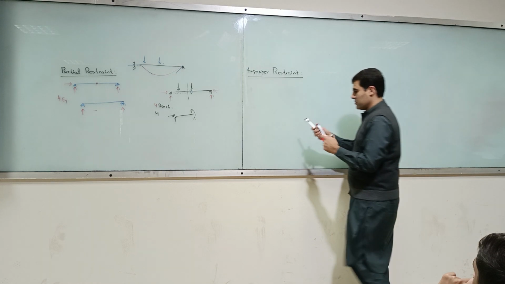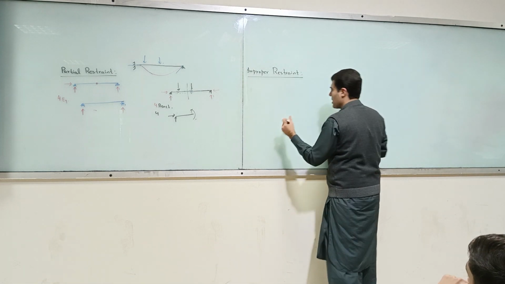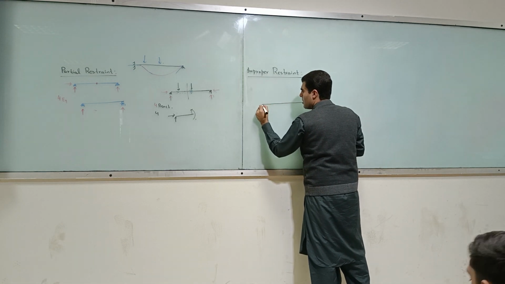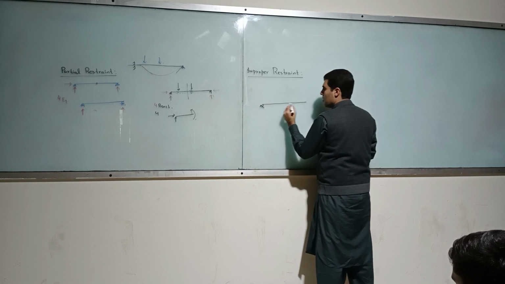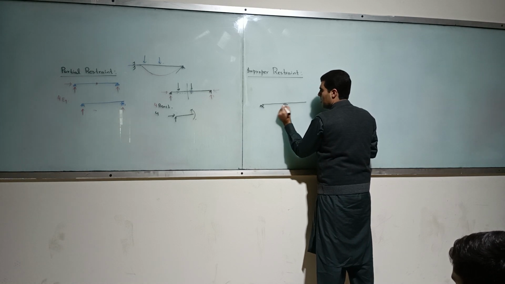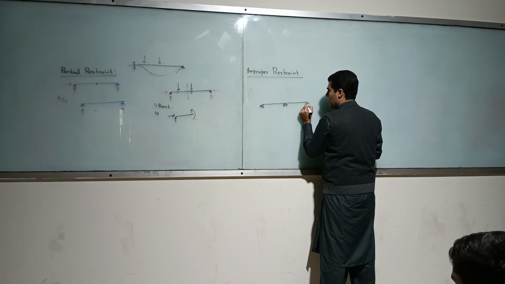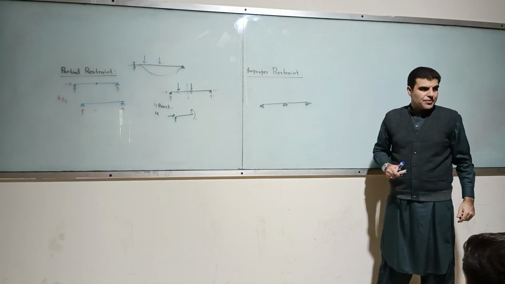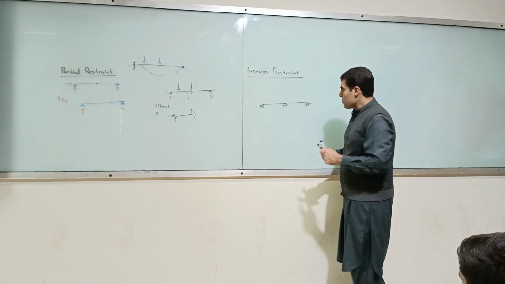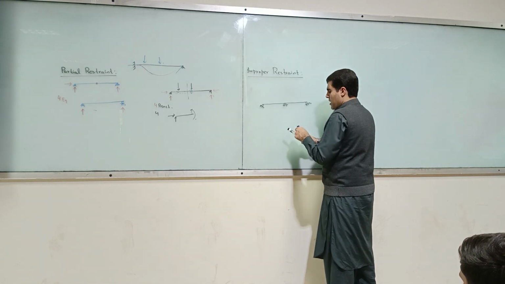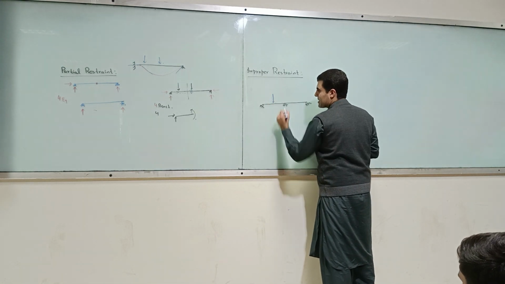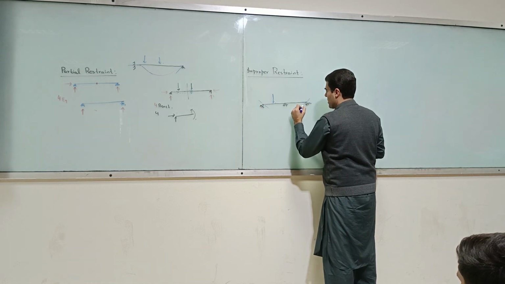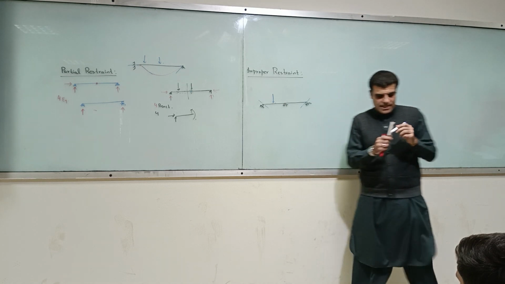What does that mean? Imagine we have got a beam whose supports look like this. You put a load, so there are 3 rollers. This is inclined like this, this is inclined like this, and this is inclined like that.